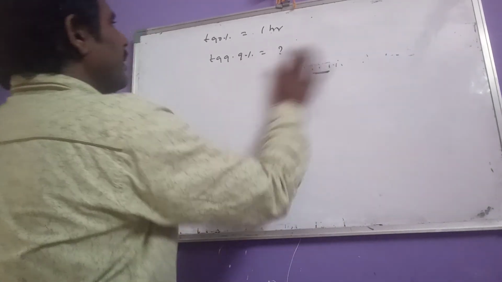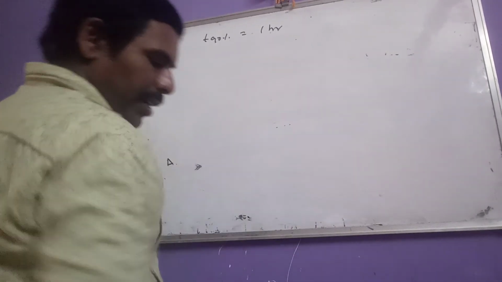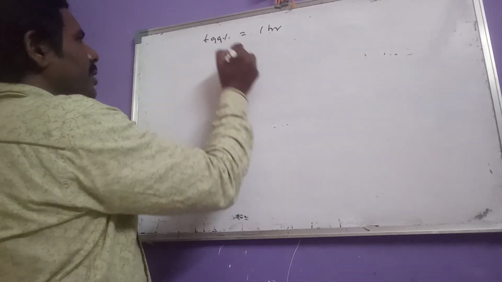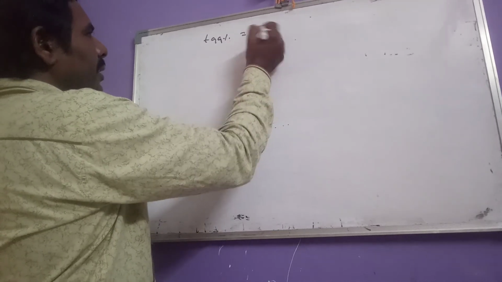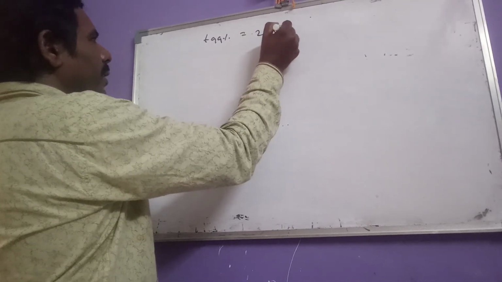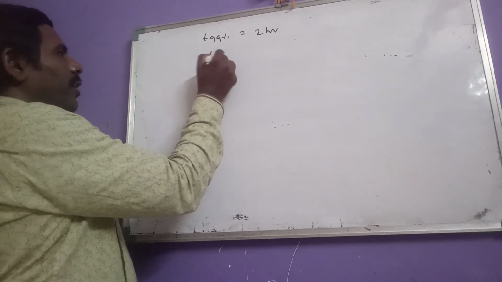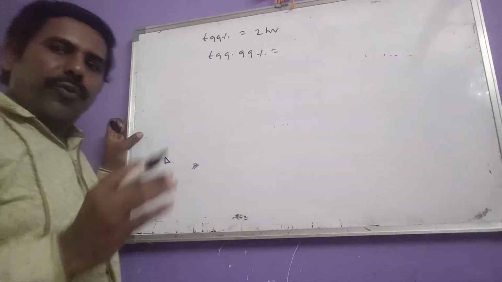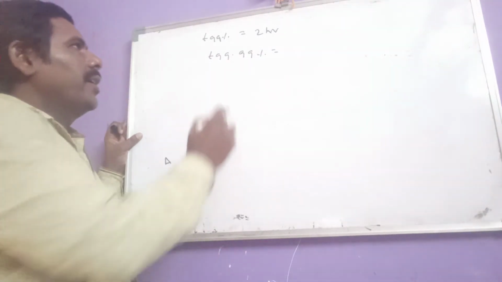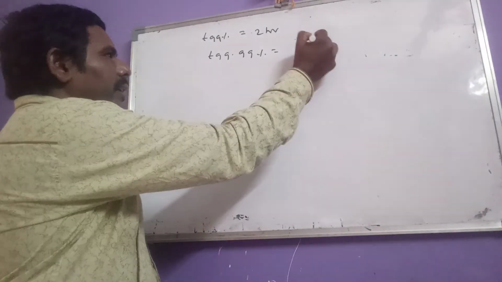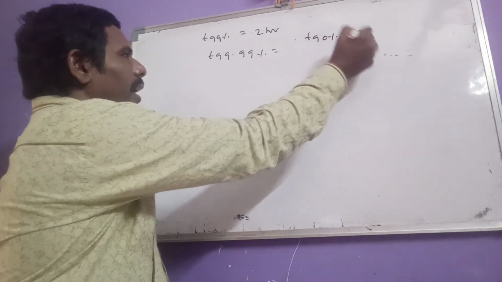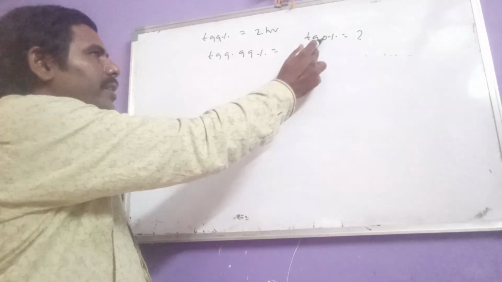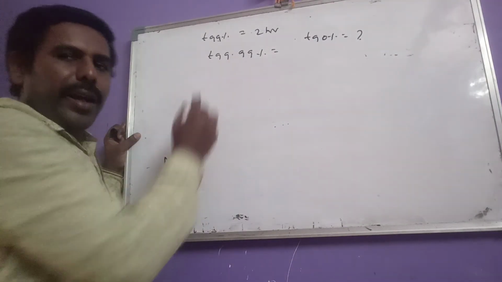For example, T 99% of a reaction is, of course they may give, 2 hours. What is the time required for 99.99% of the reaction? When this type of question is given, first let us calculate T 90% using this 99% time. Then convert this 90% to 99.99%.